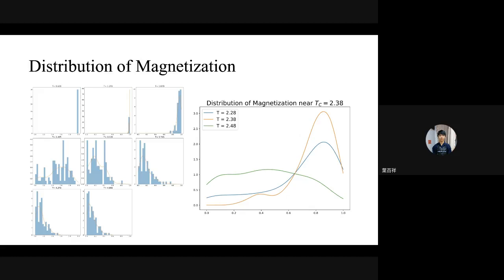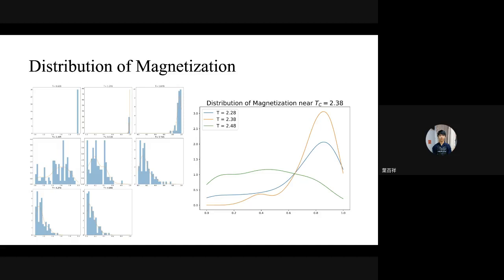Another useful feature is the distribution of magnetization. From the left figure, I show the distribution of absolute magnetization for some specified temperatures. And we can find that the distributions are different for each temperature.